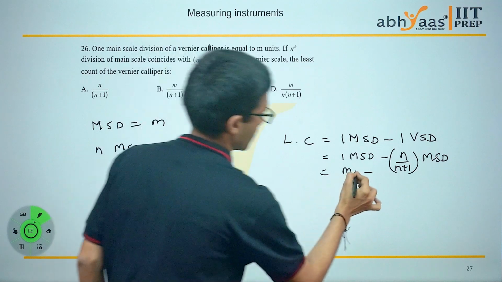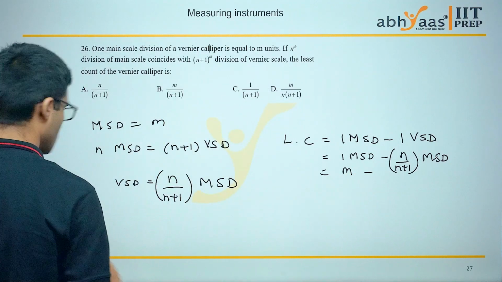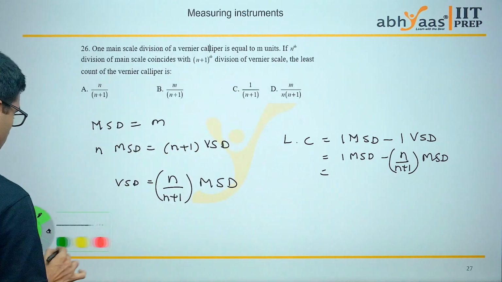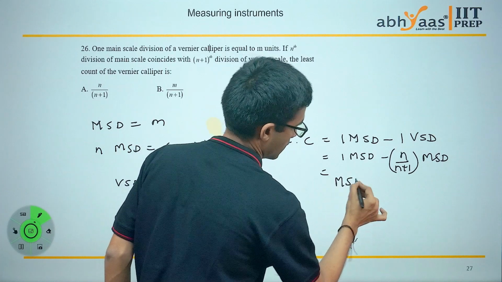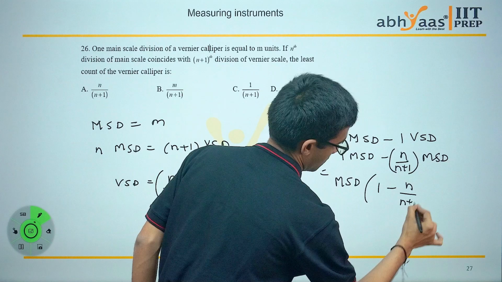If you take MSD common, then 1 minus N by N plus 1.